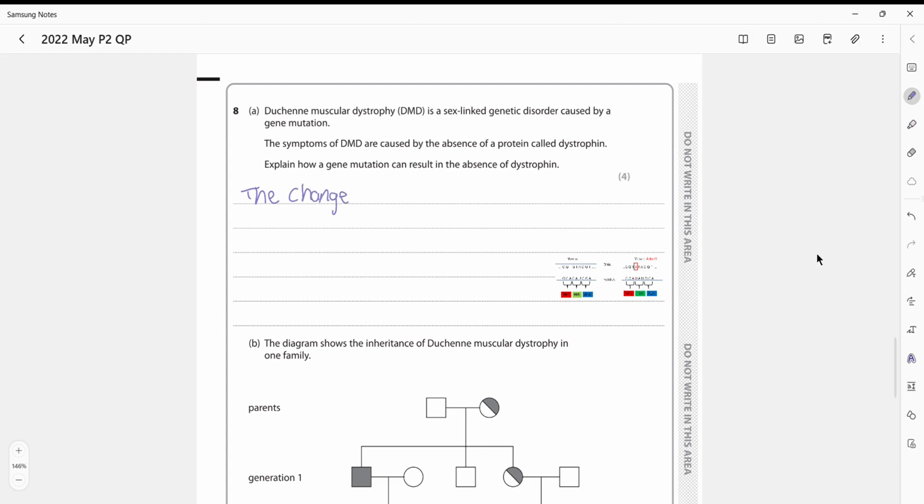A change in the base sequence could produce a different mRNA.